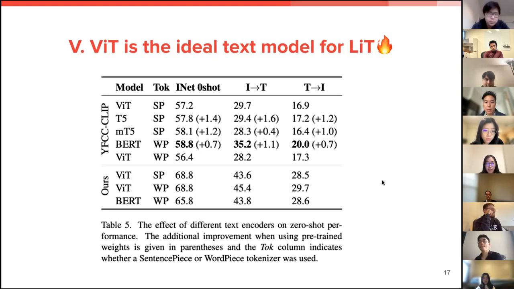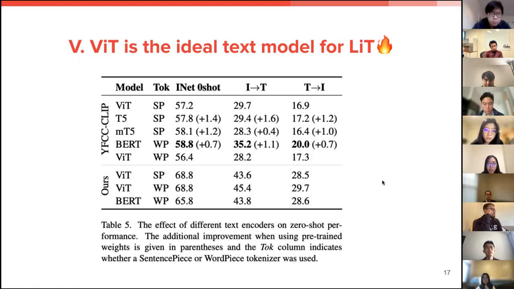And numbers in the brackets indicate the percentage increase by giving a pre-trained text model. So we can say that having a pre-trained text model consistently helps, but only by a little bit. And a second interesting observation is that the BERT model performs much better than other models when trained on YFCC.